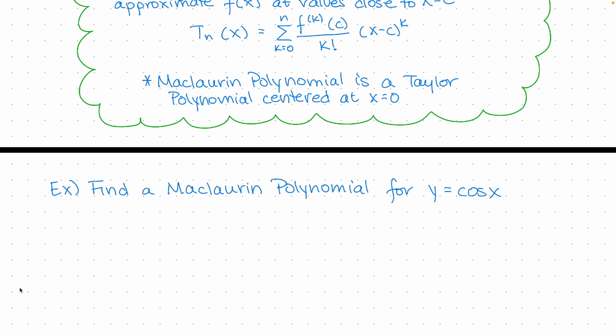So we're starting with f of x equaling cosine x. It's a good idea to go down to like the fourth derivative, and then you evaluate. So we know that f prime of x is negative sine x. F double prime of x is negative cosine x.